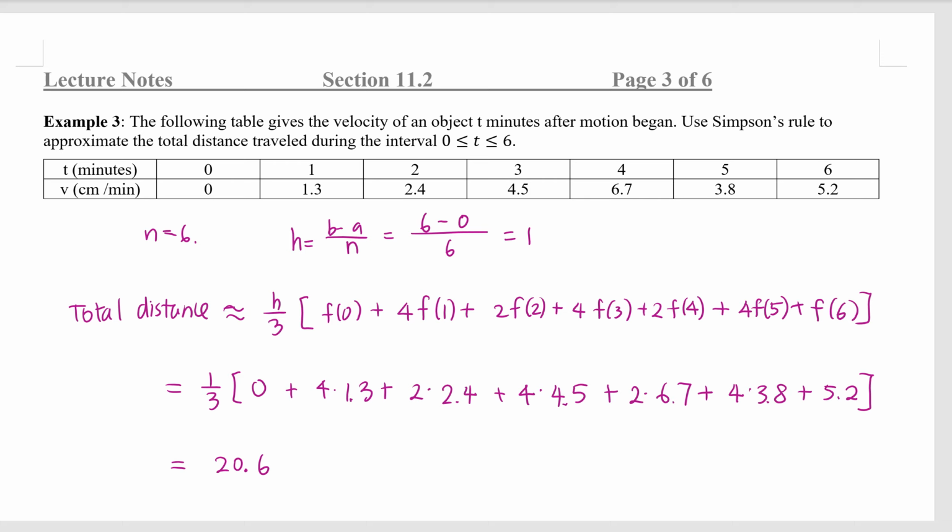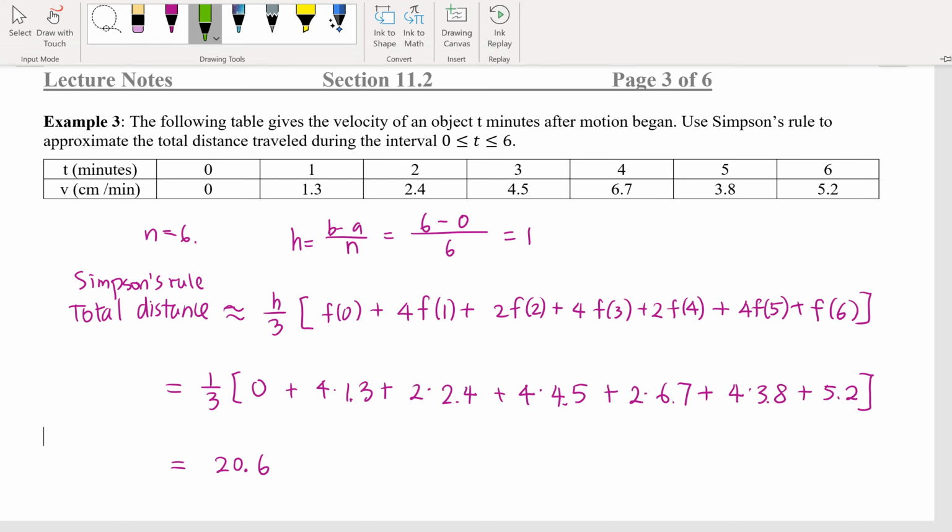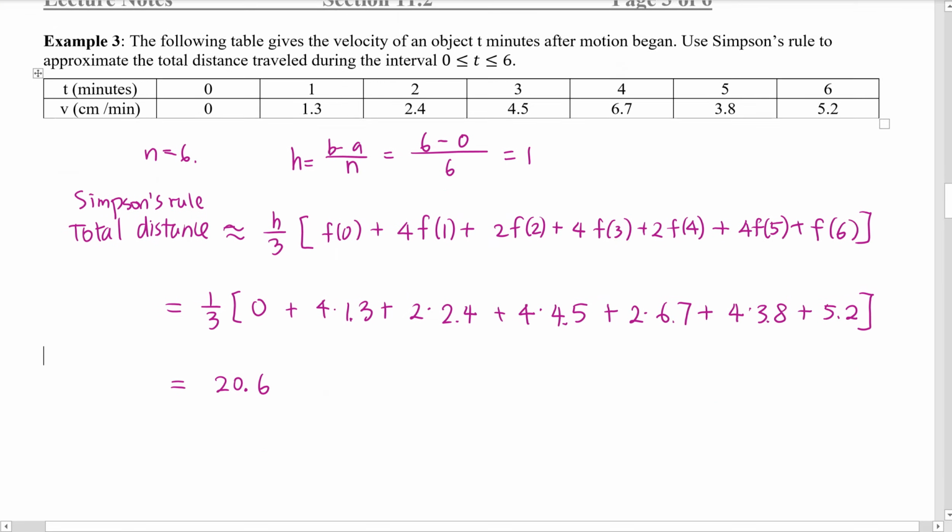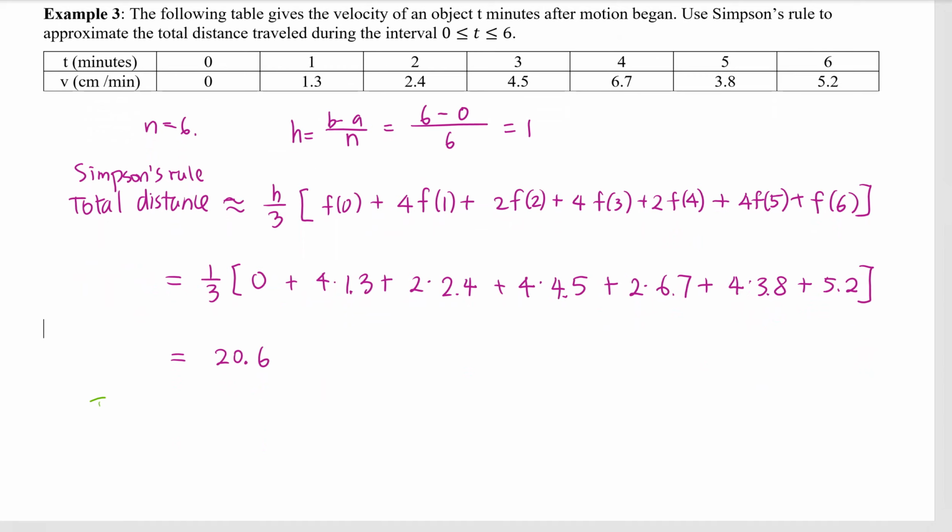So far, so good, everybody? Okay. Do you want to have more exercise? How about we use the trapezoid rule to compute as well. So the trapezoid rule, let me write it down here. This is the Simpson's rule. For the trapezoid rule, let me use a different color. Then we have more exercise.